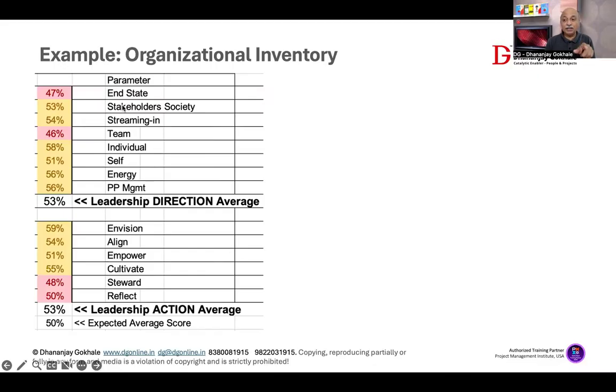And now if you see this organization, where they will have to work immediately, if you see the end state portion and the team portion, this 47, 46%, you get to see the overall part. So overall direction average of this particular, even though I'm saying organization, actually the set of people whom I have interacted. So the overall average is 53%.